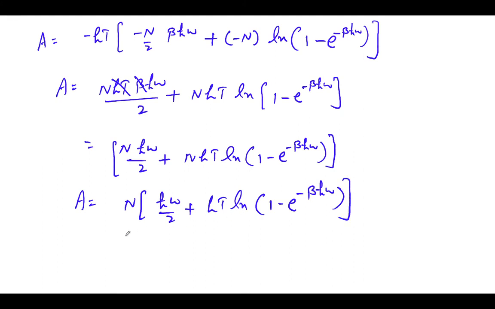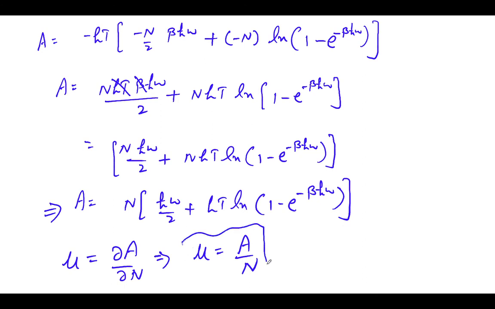Similarly, once you find out the value of this Helmholtz free energy, from that you can find out the chemical potential. By taking the derivative of A with respect to n, the value of chemical potential mu comes out to be A over n, since all the other terms are independent of n.